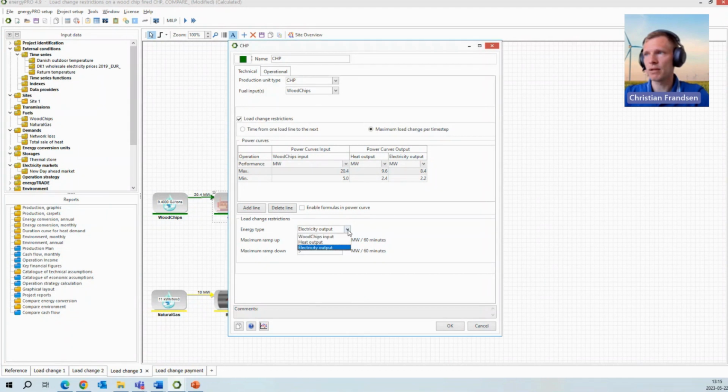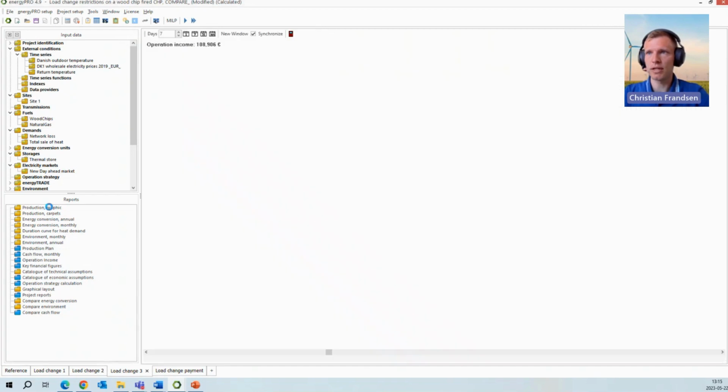So here I have a drop down where I can choose any of the listed energy types. So in this case, I have selected electricity output, and the maximum ramp up time, I've put 3 megawatts per time step, and the same with the ramping down.